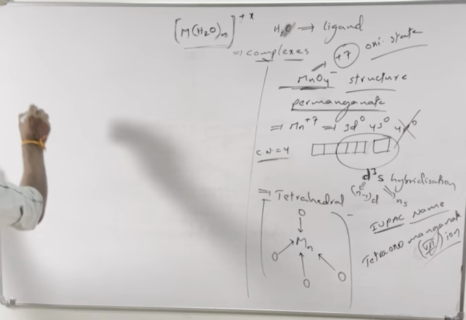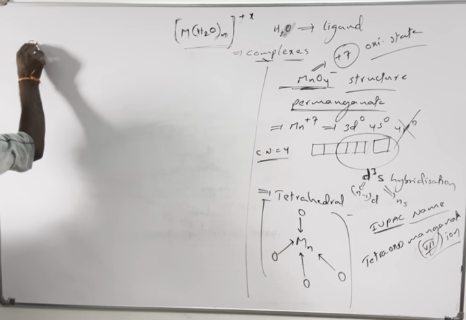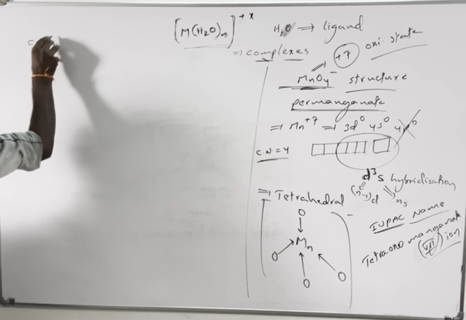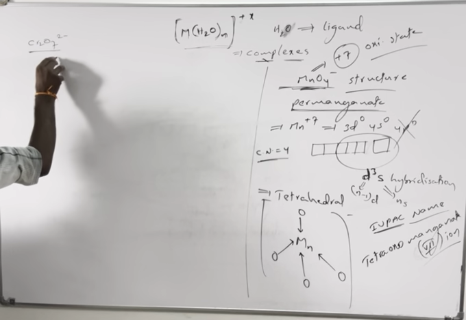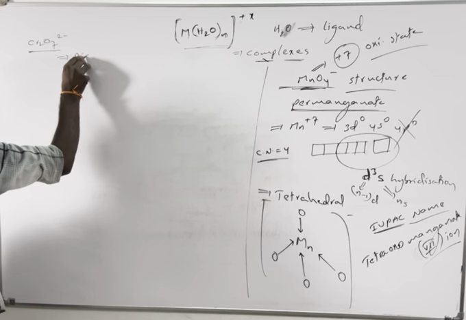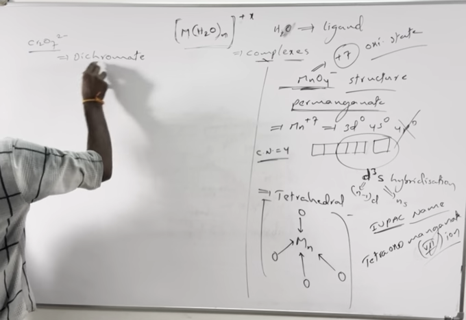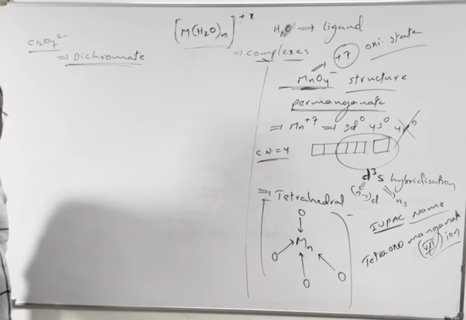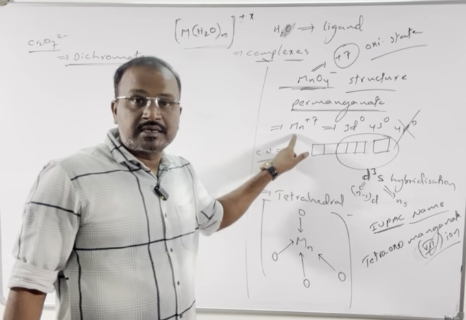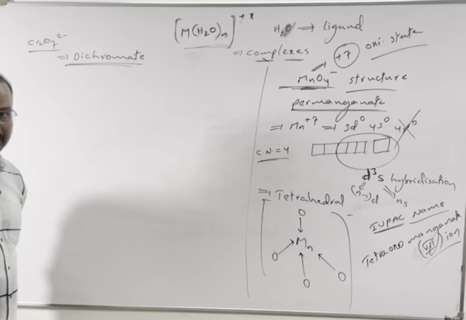Same thing, if I take another example, Cr2O7 2-, the name of this is dichromate. Here permanganate and here dichromate.